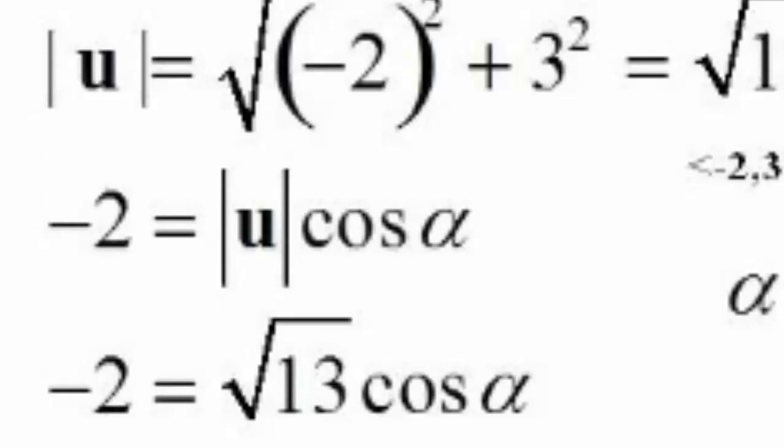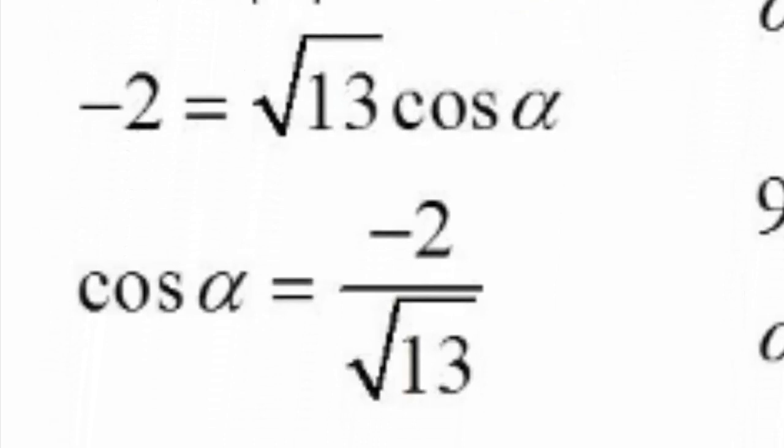We only need the horizontal component. So we'll take the negative 2 and set that equal to the magnitude of u times cosine alpha. So negative 2 equals the square root of 13 times cosine alpha.